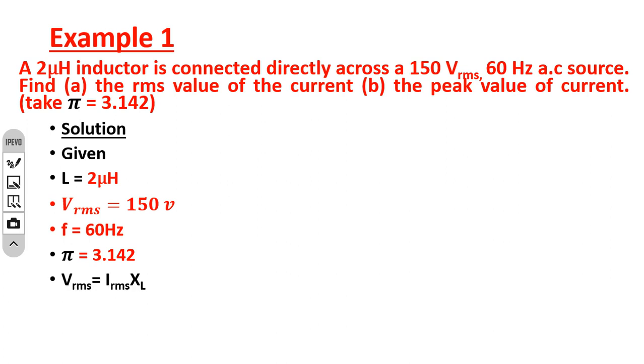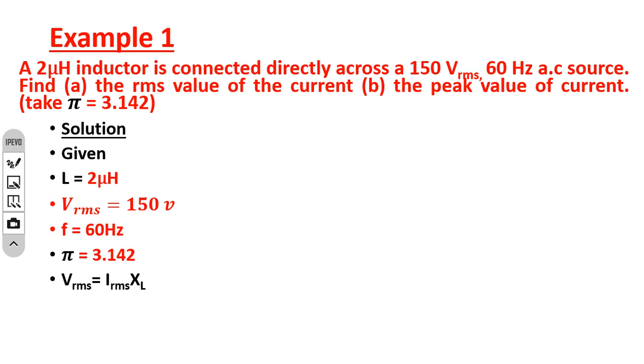Okay, so for us to find the root mean square value of current, we have to use the expression here. V root mean square equals I root mean square times the inductive reactance XL, and we then make the root mean square current the subject.